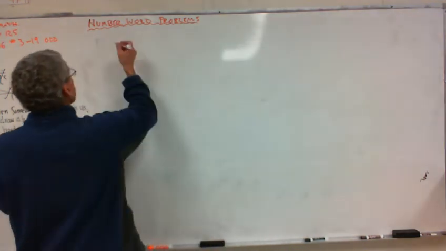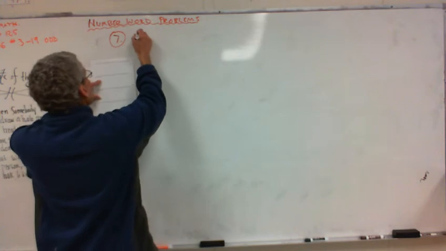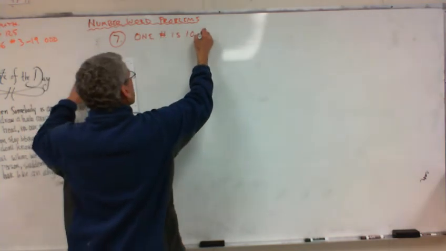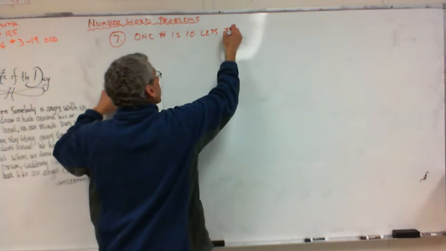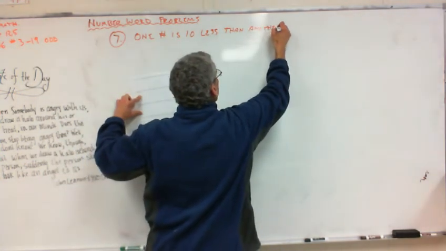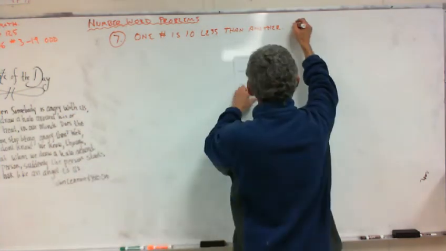All right, number 7. So this is what the lecture really was going to be about. It says, one number is 10 less than another. That immediately tells us what our two numbers are going to be set up as.